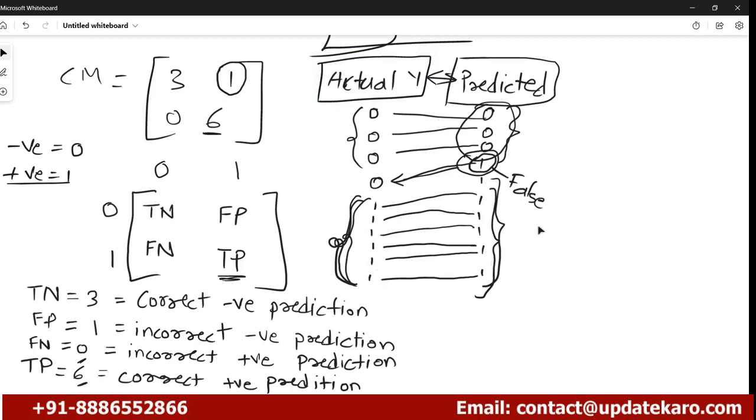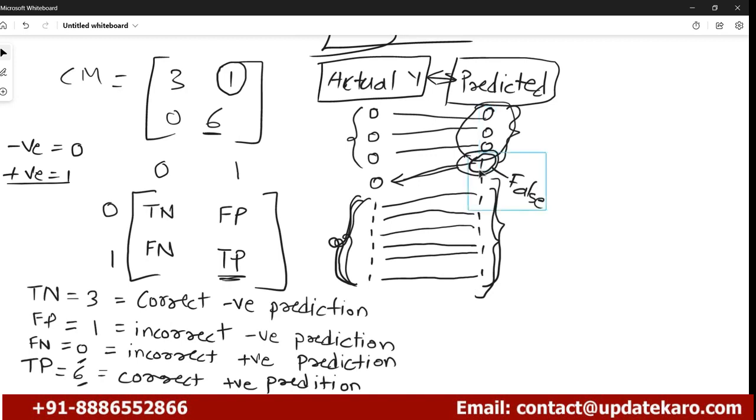So out of 4 class 0 values, the model predicted 3 class 0 values correctly and one is an incorrect prediction, right? Out of 6 class 1 values, the model predicted all 6 correctly. So there is only one incorrect prediction.